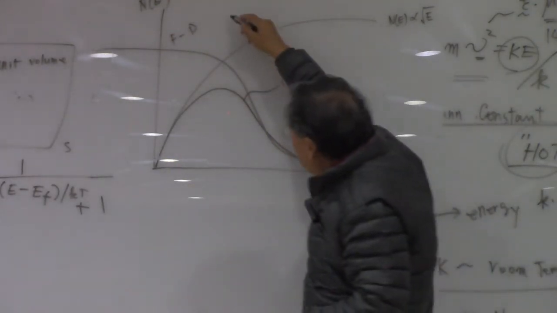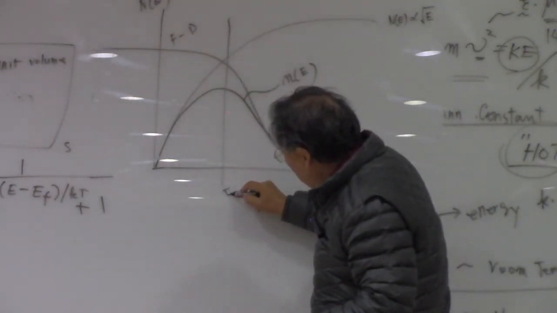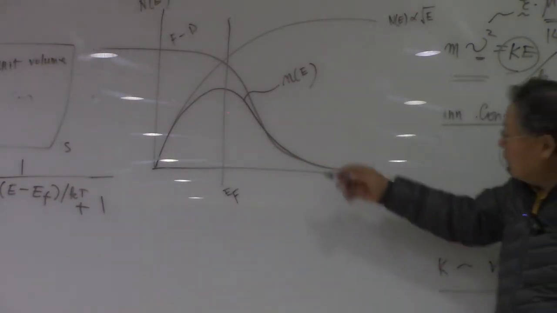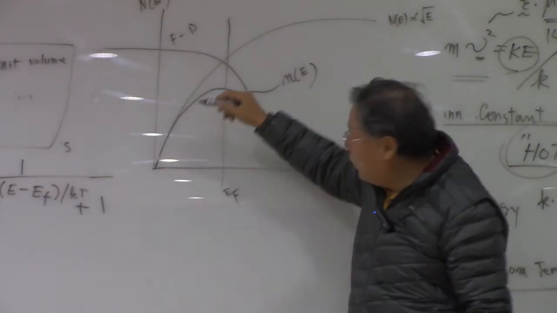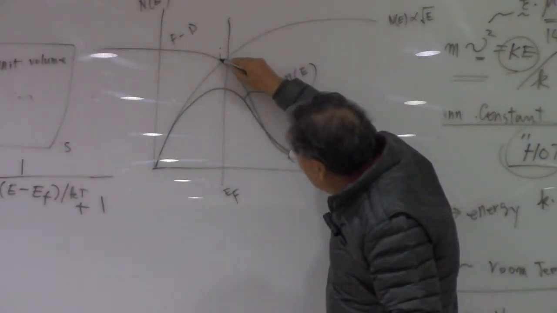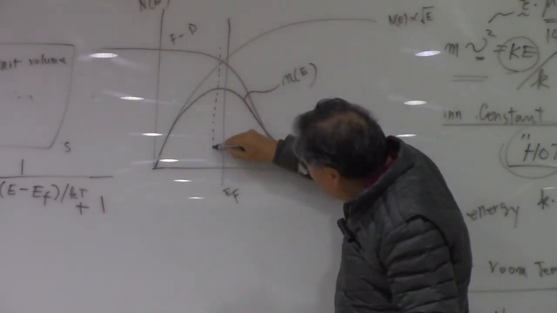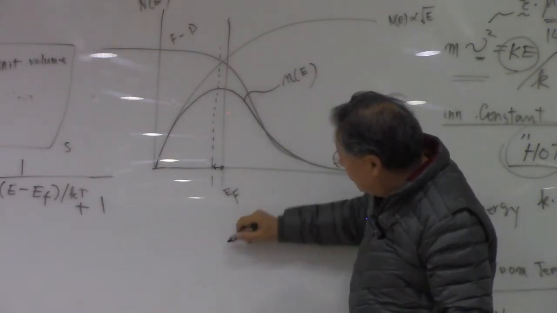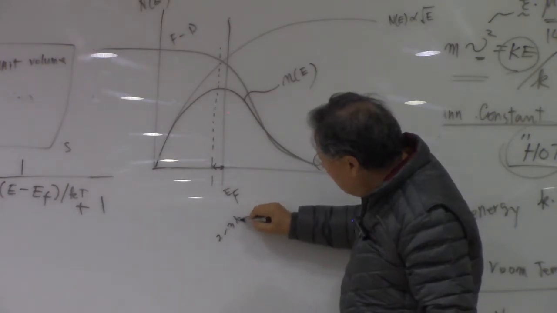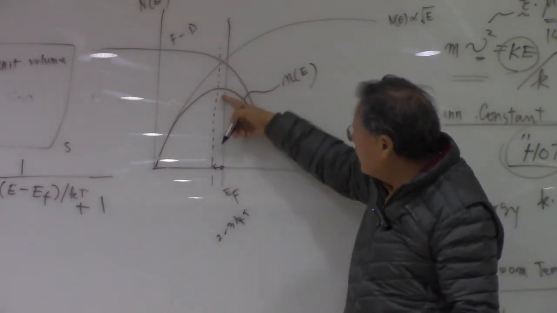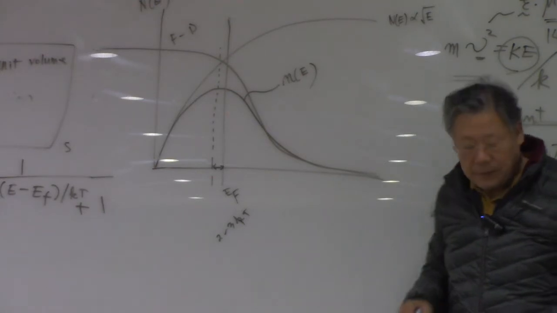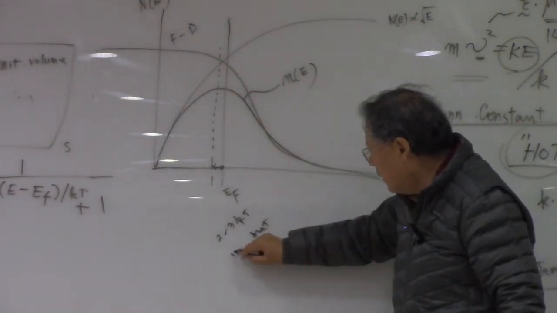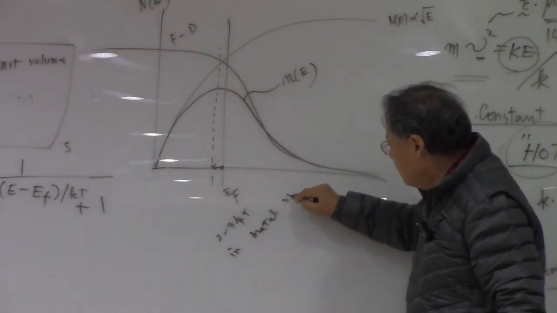And here is the Fermi energy somewhere. It is not the maximum point, but the Fermi-Dirac statistics says the Fermi energy is 2 to 3 kT away from the maximum point, in the metal system.